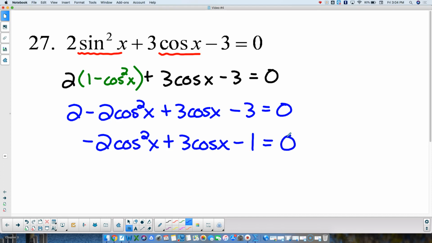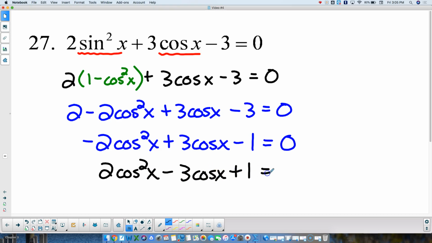Now me, I'm not a fan of having a negative lead coefficient on my problems, so I would probably multiply everything by -1, making 2 cosine squared of x minus 3 cosine of x plus 1 equals 0.